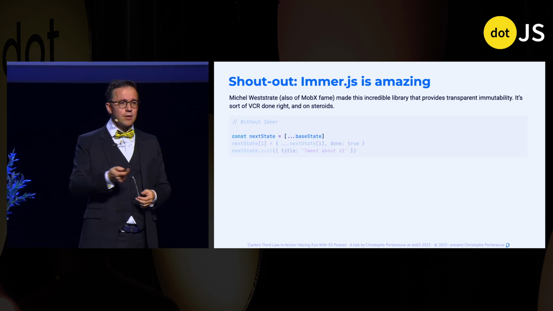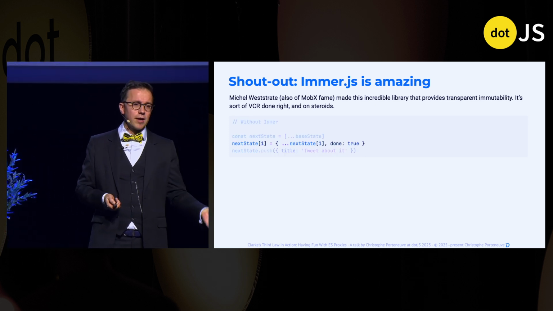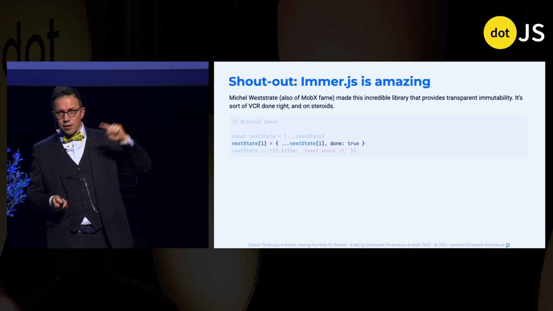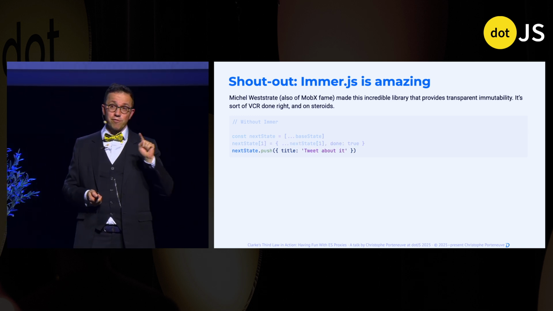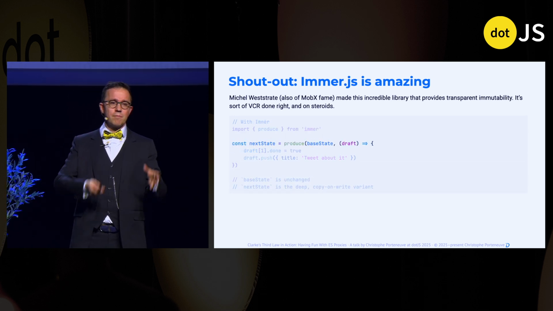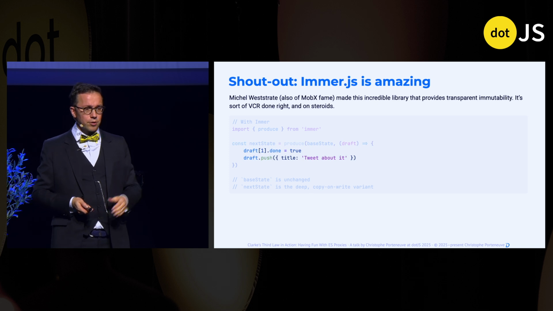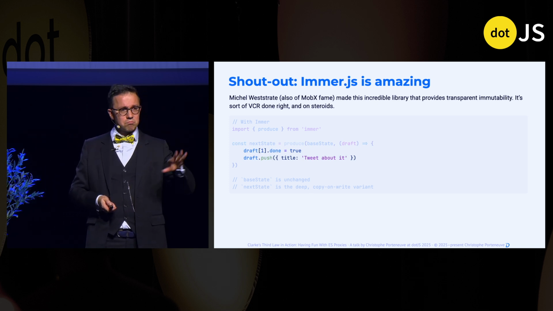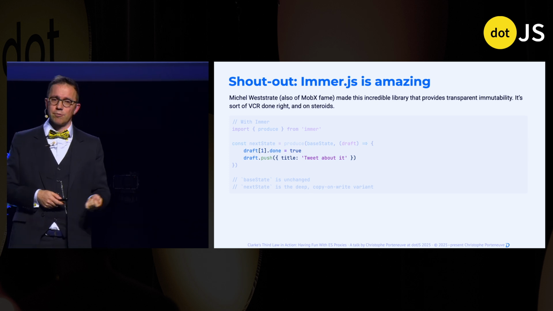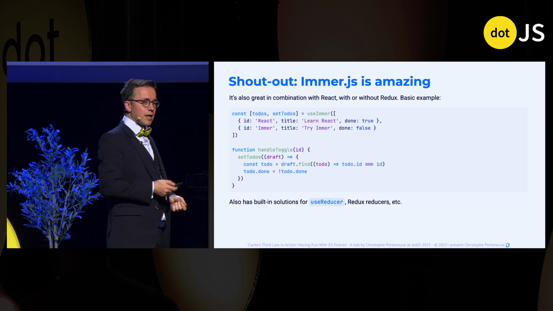So instead of doing these, like, let's spread the top array, and let's modify session 1 on the derived array with another spread, and so on and so forth, and this is actually a very simple case, you could just wrap that into an Immer produce, work on the draft, and do it as if we just mutated the object. And that's it. And it will replay that in an immutable way with copy on write, guaranteed. So it's actually pretty amazing.